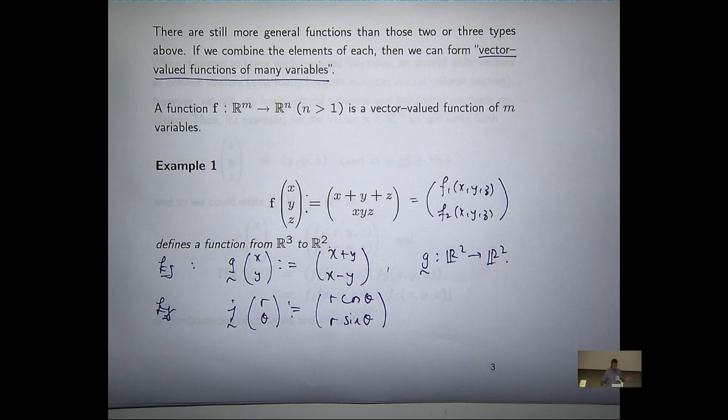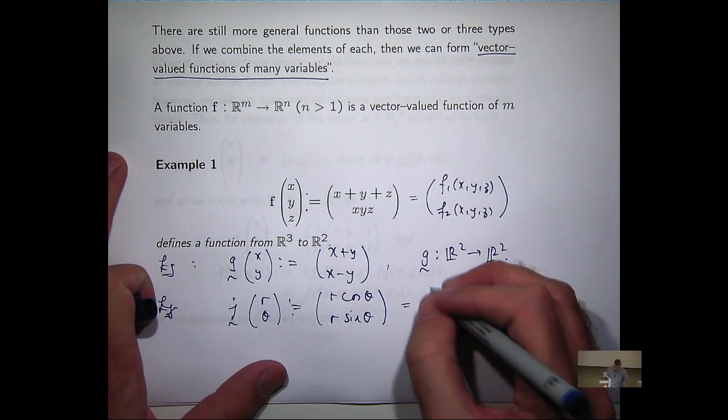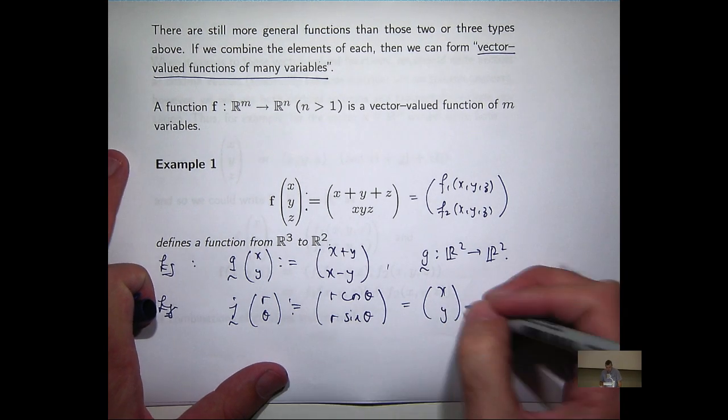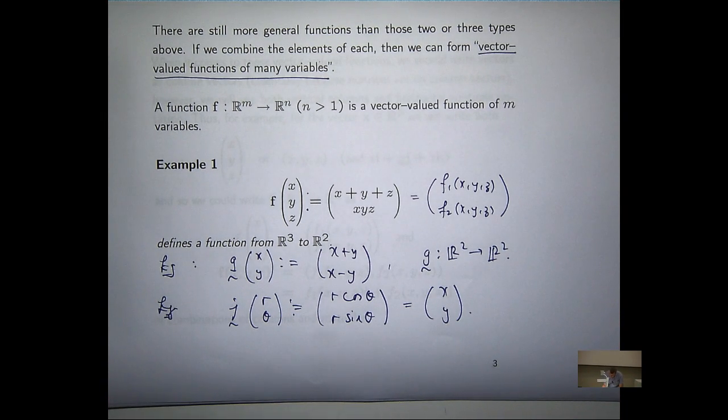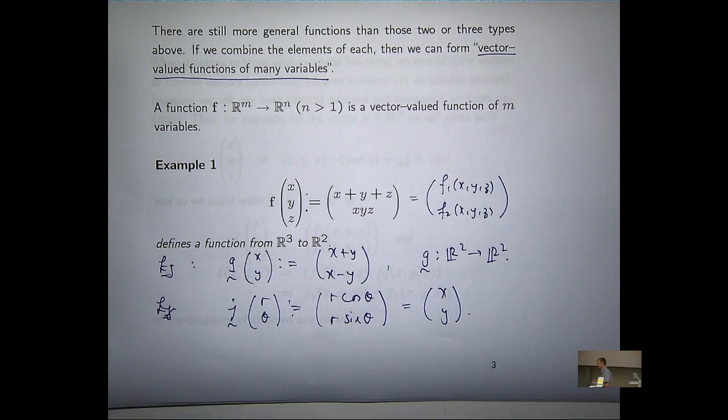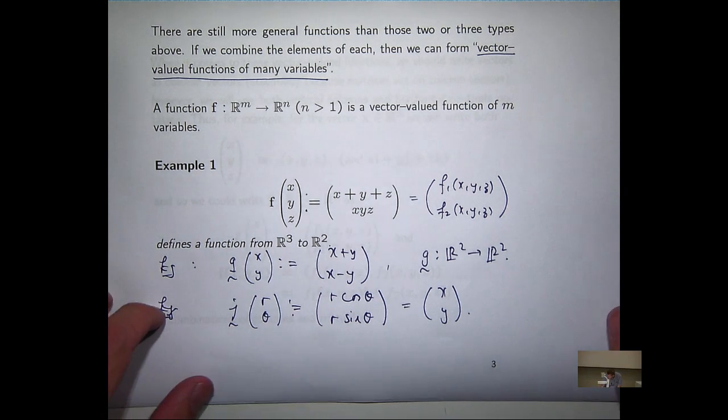Now if I denote the output of this as, say, xy, well, what we're doing with that bottom vector function is transforming, I guess, our transformation involves polar coordinates. And we're mapping into the xy plane. Now we'll look at that in a bit more detail a bit later, so just bear with me.